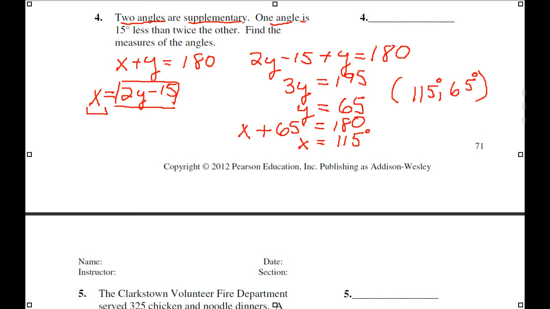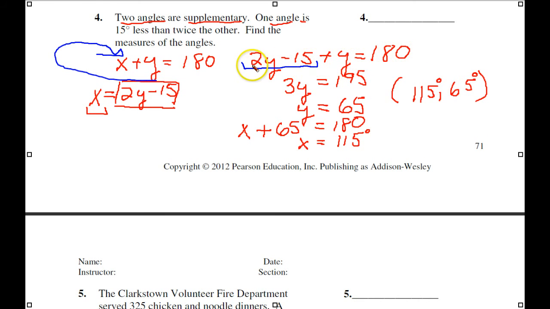So what I'm going to do here, I'm going to take this value for x, put it right there. And that's what I've done. So there's the value for x plus y equals 180.